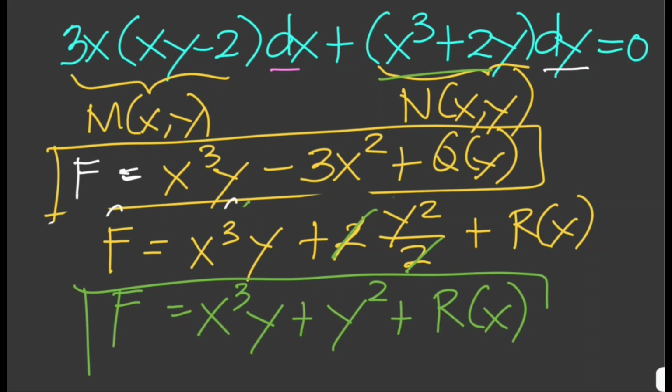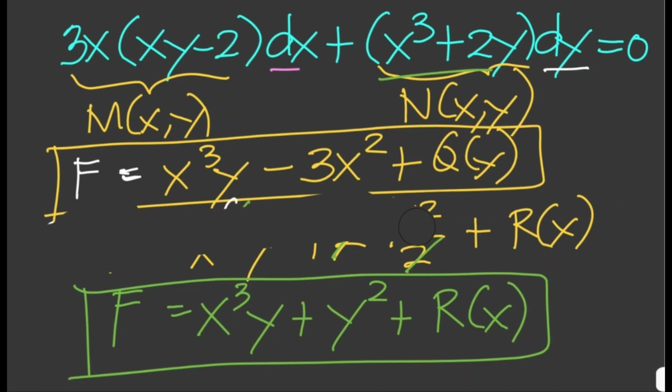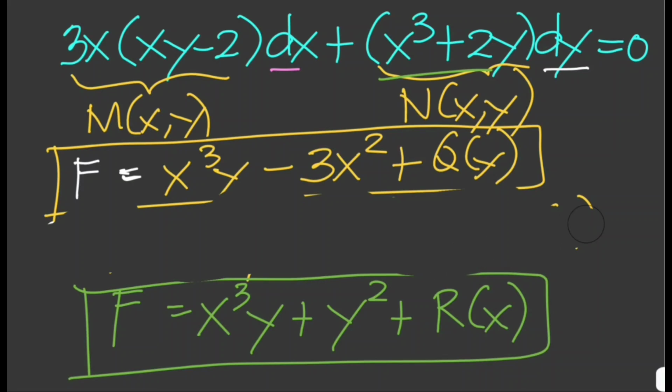Now we've already solved for the two f's. The next thing we do is we equate the two f's to solve for q of y and r of x, which we will later plug into either of the two f's that we've already solved.